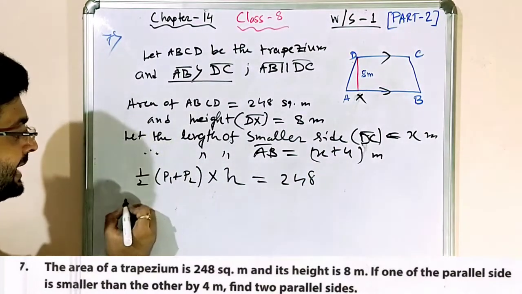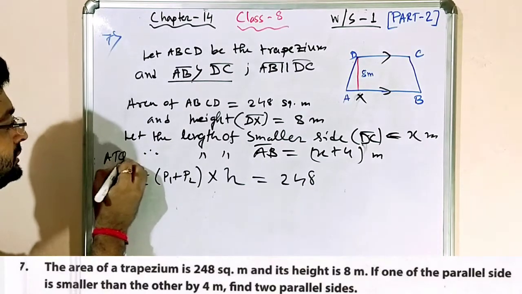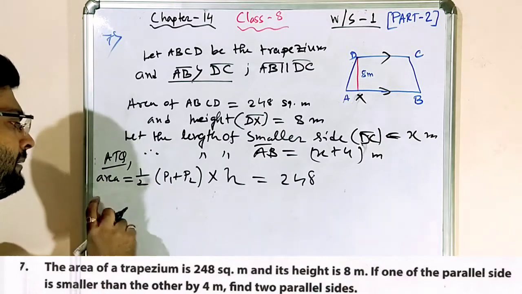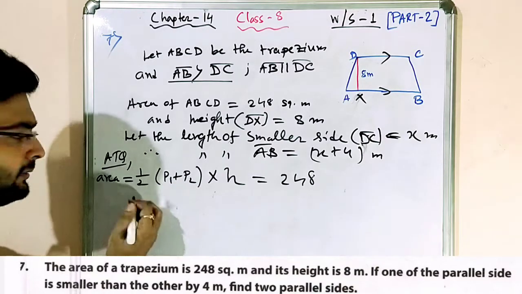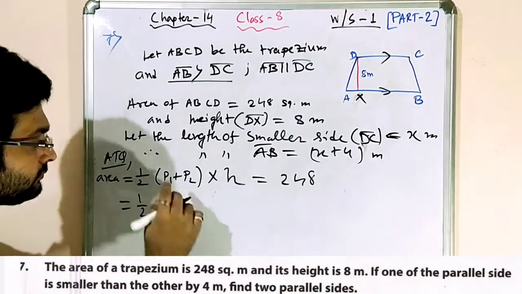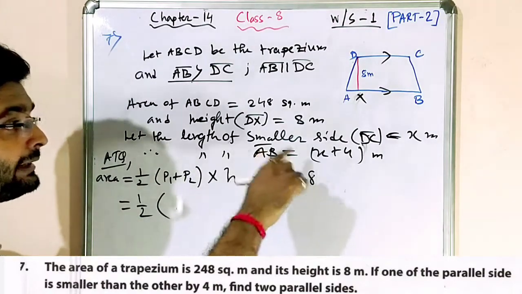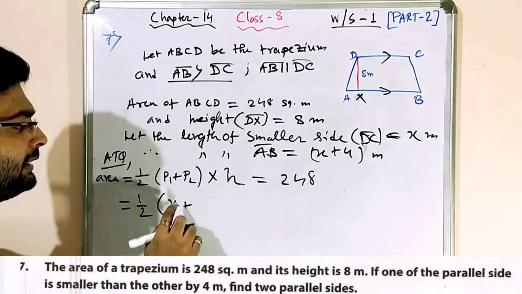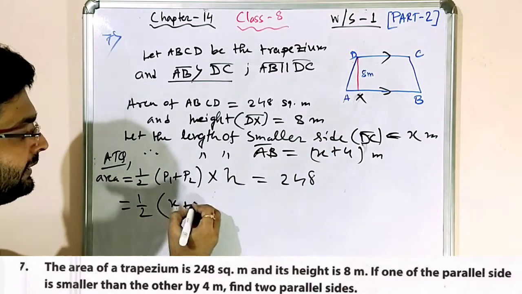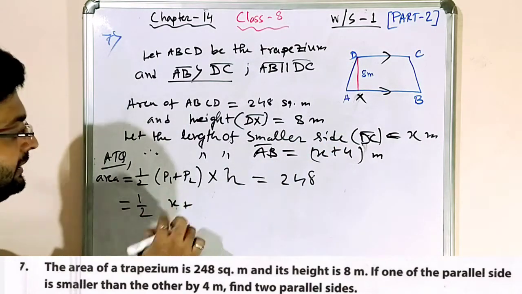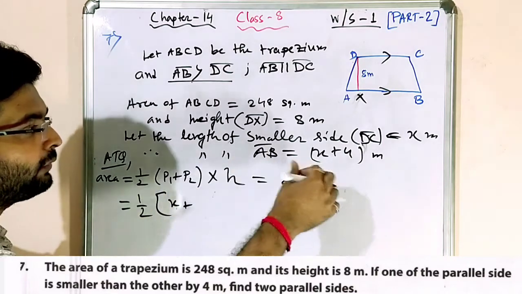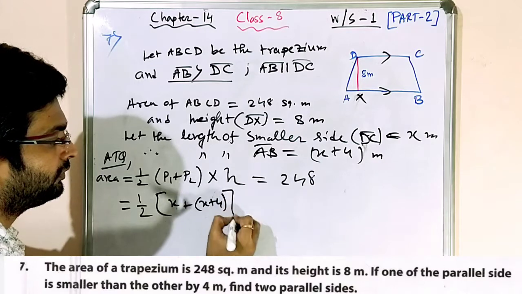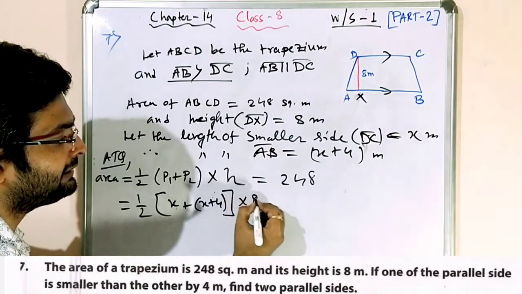So according to the question, area equals half into P1, the smaller one, X, plus P2, the other one, AB, that is X plus 4, into H, that is 8 meter.